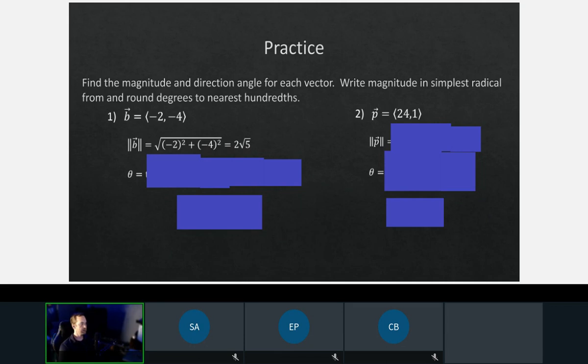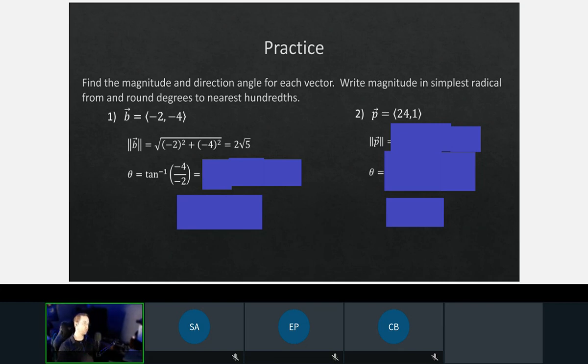So for the setup, remember we're going to do the arctan of the y value divided by the x value. So when you type that in, what do you get? And remember, we're rounding this to the nearest hundredths. 63.43.